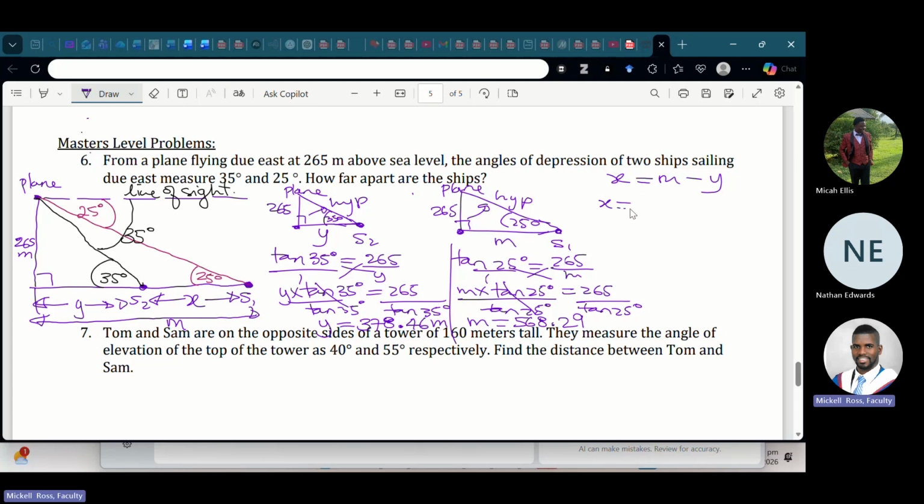So x is going to be equal to 568.29 minus 378.46.